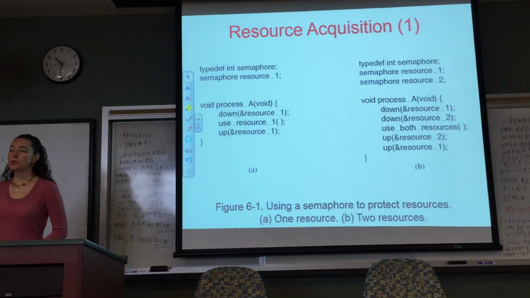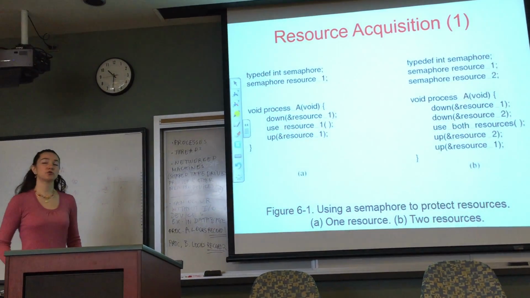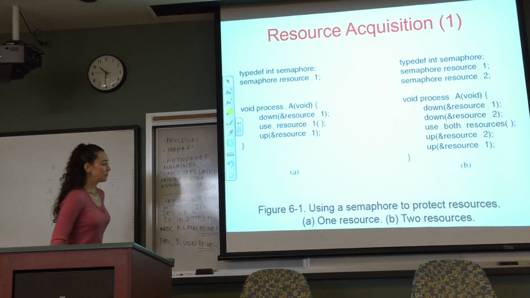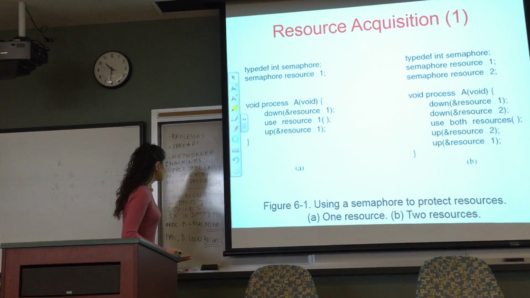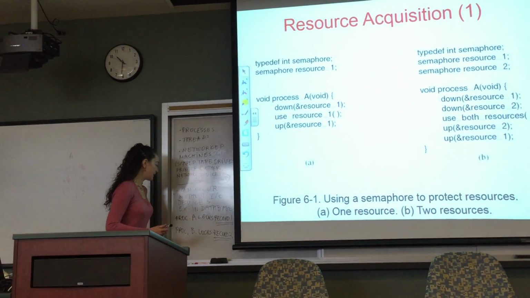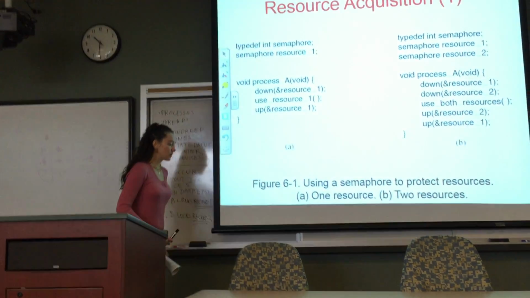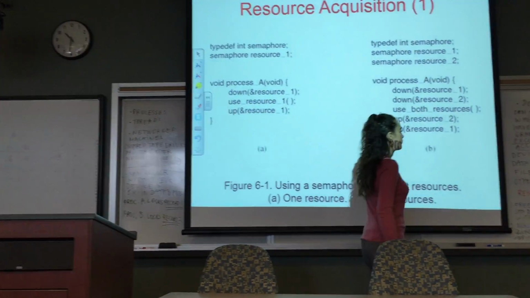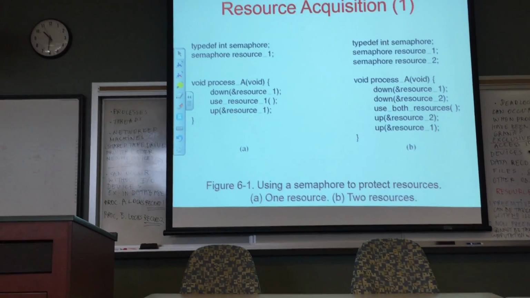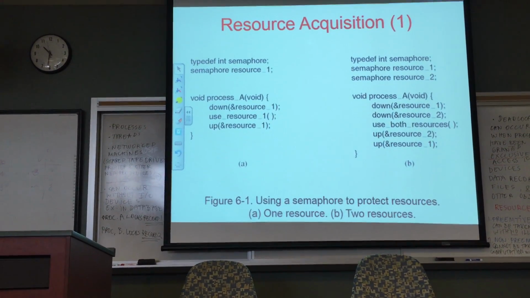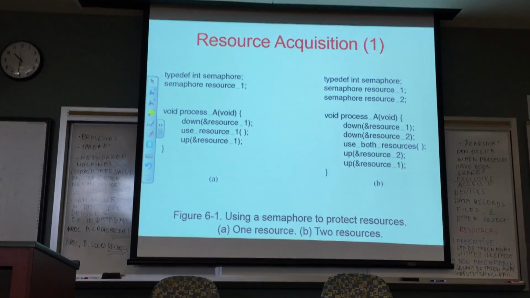So they will need to use some sort of a mutual exclusion structure to grant exclusive access to a resource, to a particular process, or to a particular user, or to a particular thread.